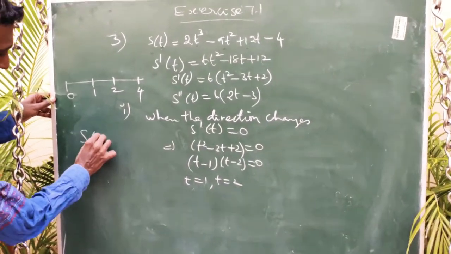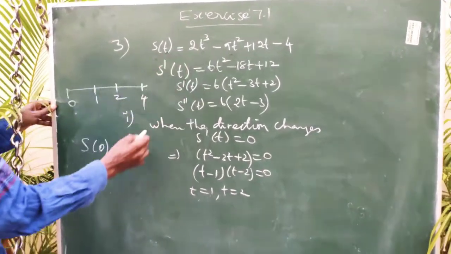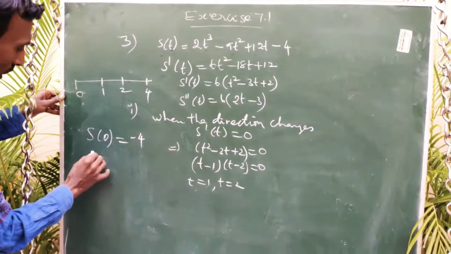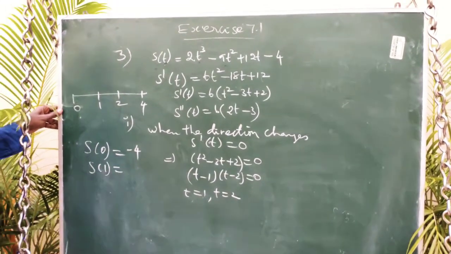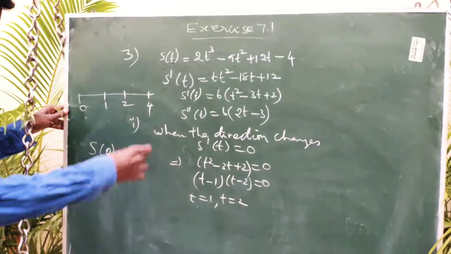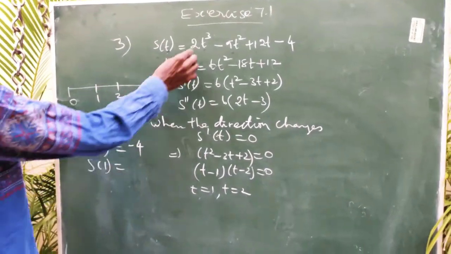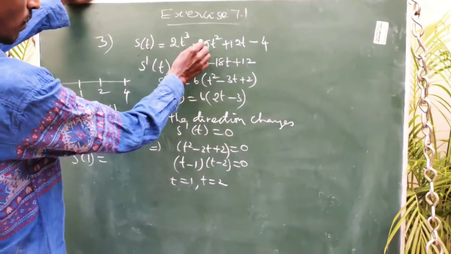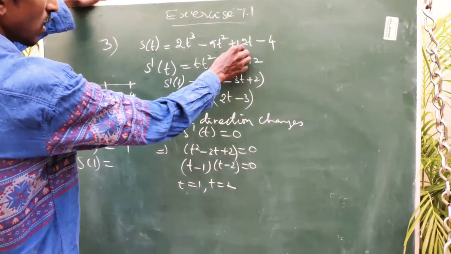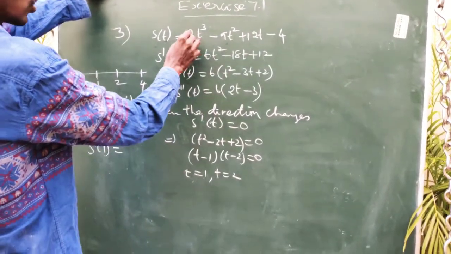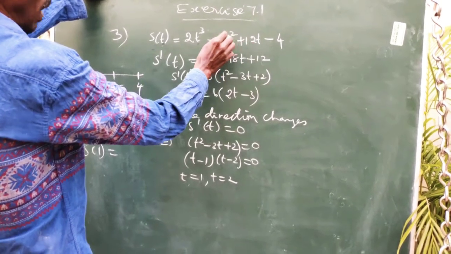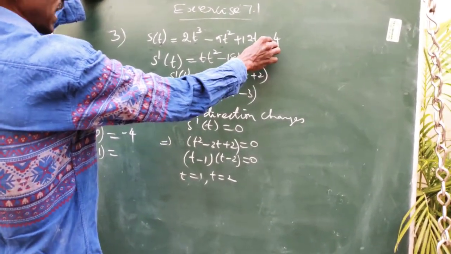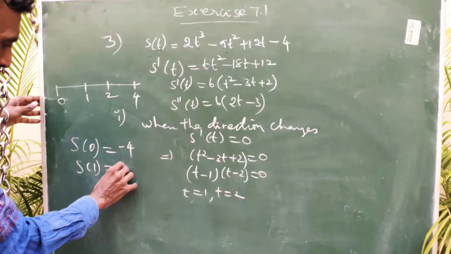First find s of 0. Put t equal to 0, so minus 4. Then find s of 1. Put t equal to 1: 2 minus 9 plus 12 minus 4. 2 plus 12 is 14, minus 9 minus 4 is minus 13, so 14 minus 13 is 1.